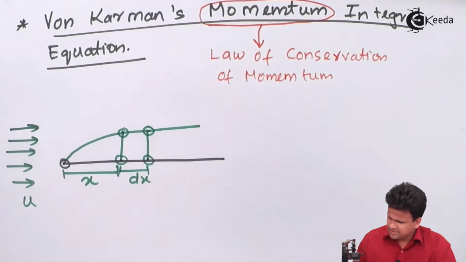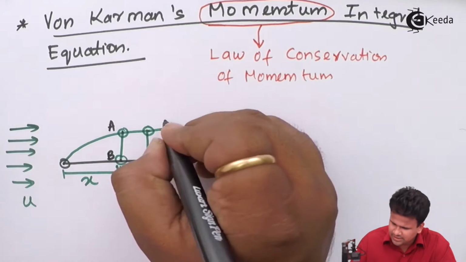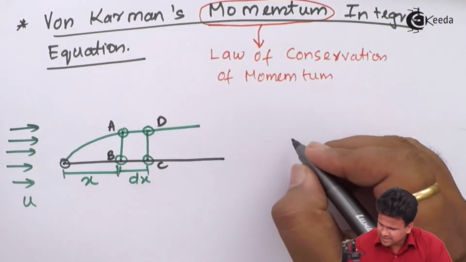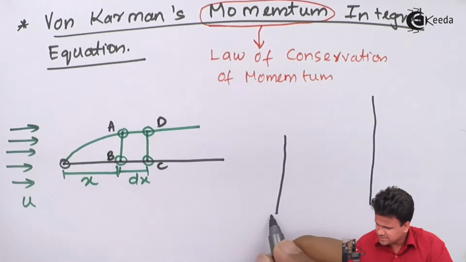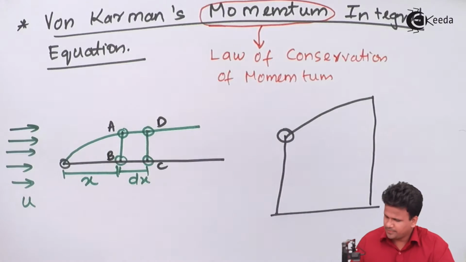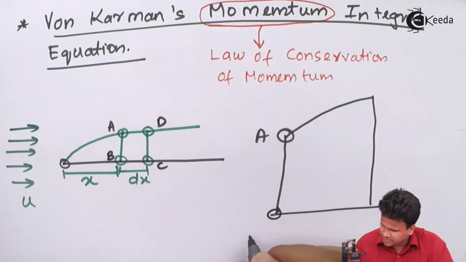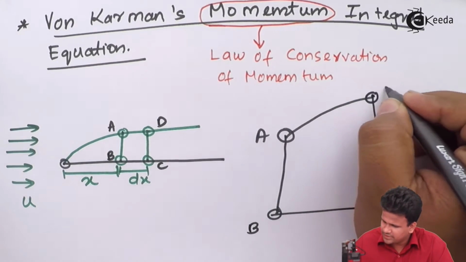So let us name them A, B, C as well as D. Let us take this entire part and zoom it, and I'll draw this separately so we will get a picture here. So this will be point A, this will be point B, this will be point C, this will be point D.